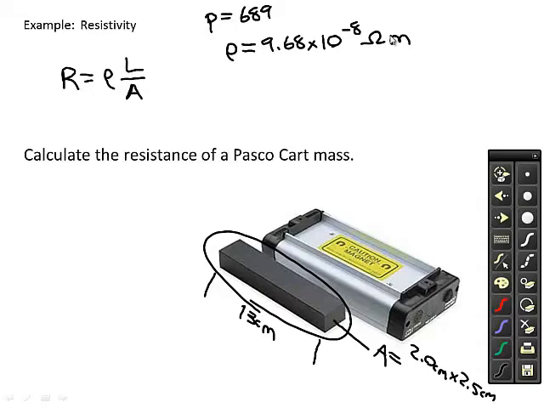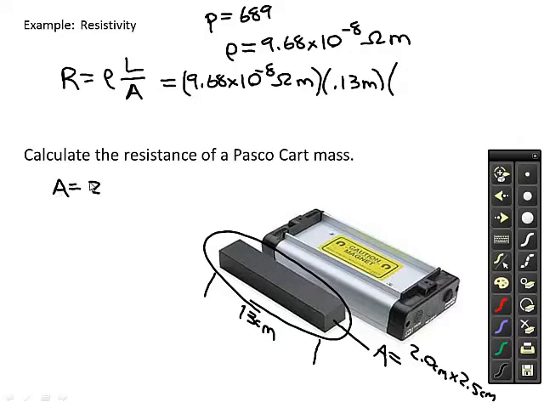All right? So, it's pretty straightforward. We're going to say 9.68 times 10 to the negative 8 ohm meters times a length of 0.13 meters times an area of, now here we have to be careful, it's 2.0 centimeters times 2.5 centimeters.